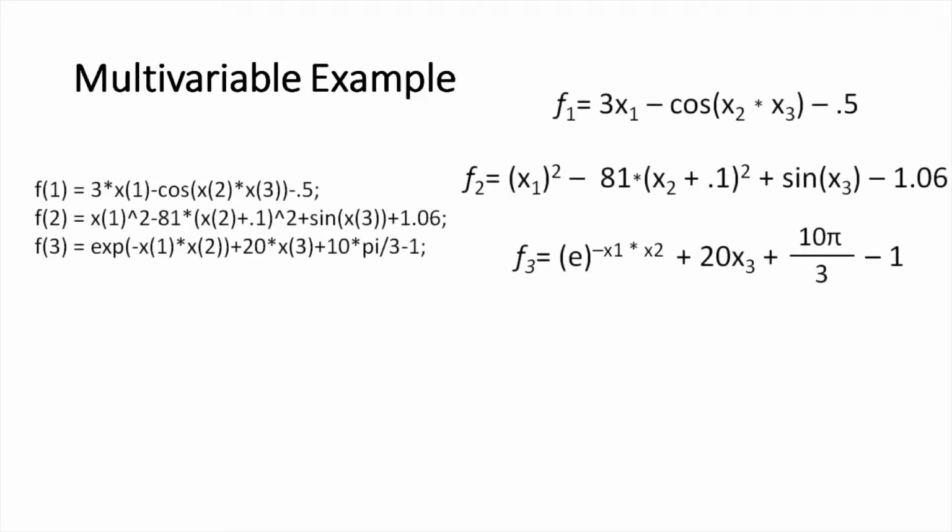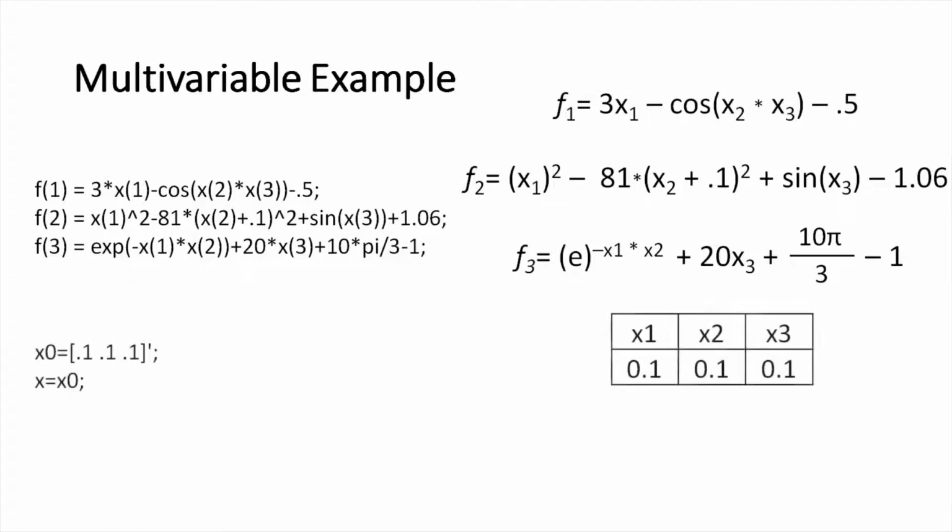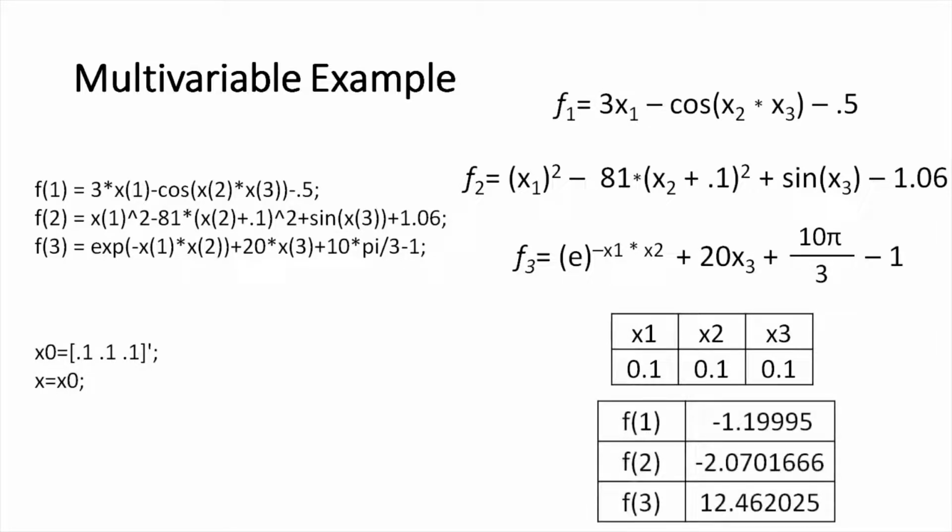So on the left side will be the code for the MATLAB in parts, and on the right, the methodology for Excel. So the function is provided into both of them, and an initial guess was provided. And Excel gives us a value for each one.